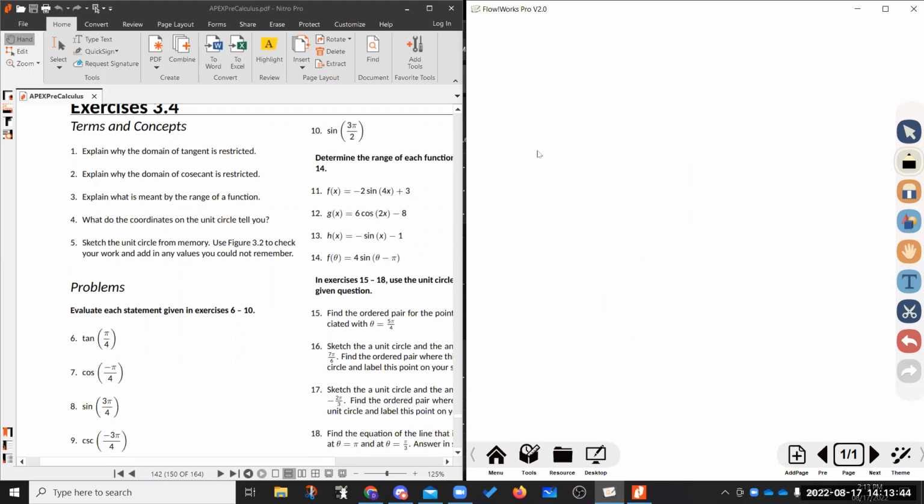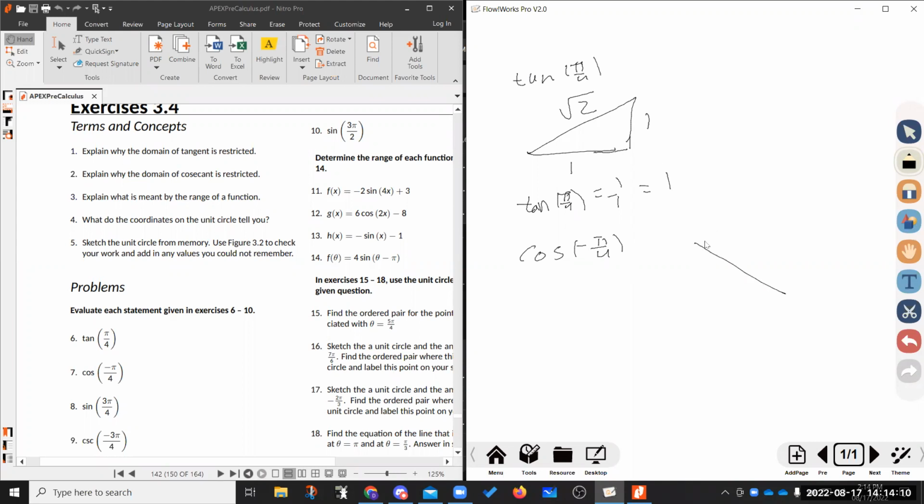So pi over 4, here's my special right triangle, and I have 1, 1, square root of 2, and my tangent is opposite over adjacent. So tangent of pi over 4 is going to be 1 over 1, which is 1. Cosine of negative pi over 4, this is tangent of pi over 4.